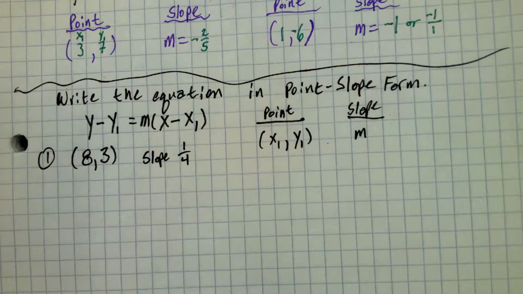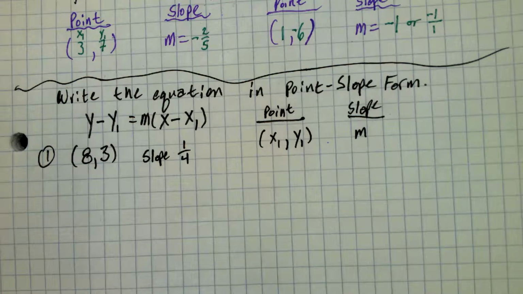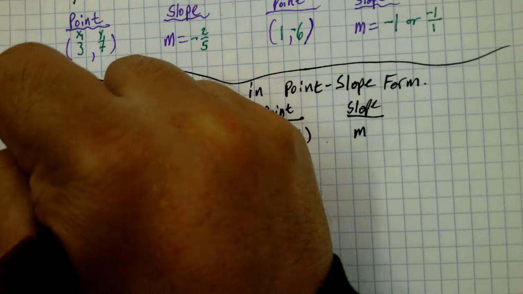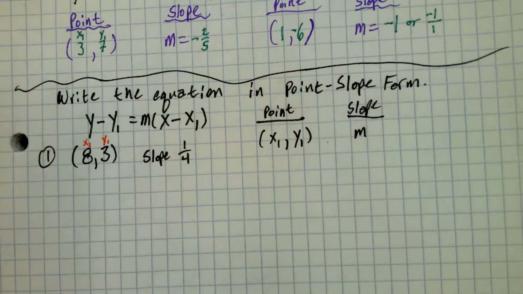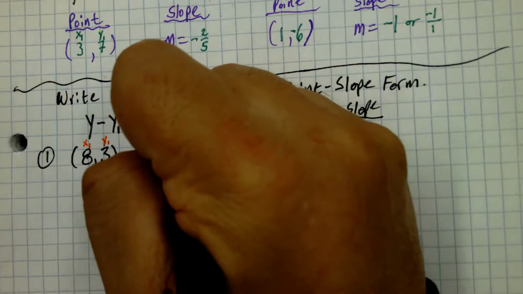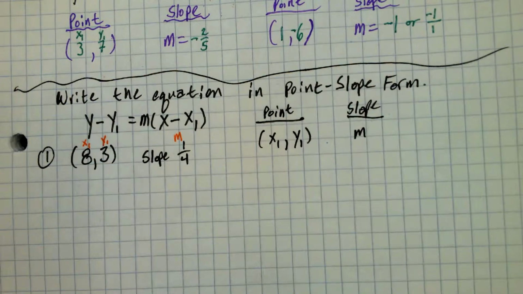Okay, so let's take that piece of information and put this into point slope form. So we have 8, 3, right? We're just going to write that in as our x1 and y1. And we have the slope of 1/4. So that's clearly going to be m.